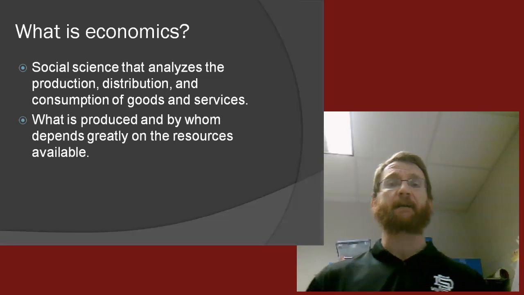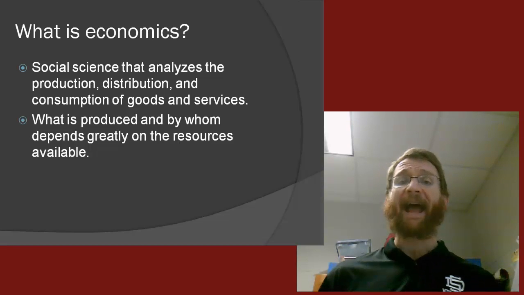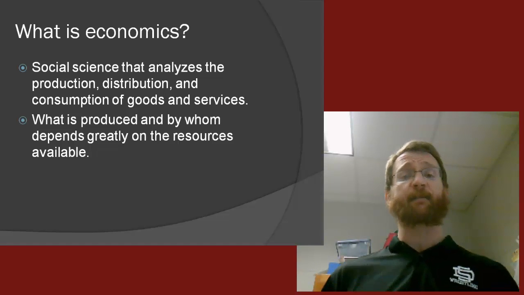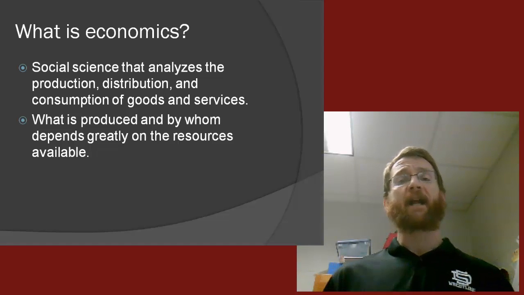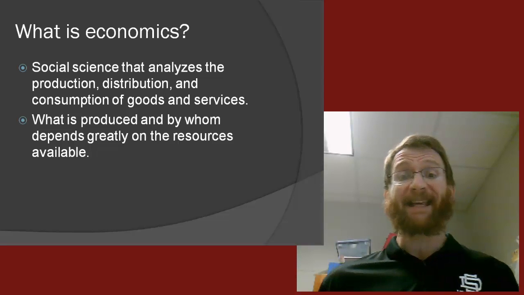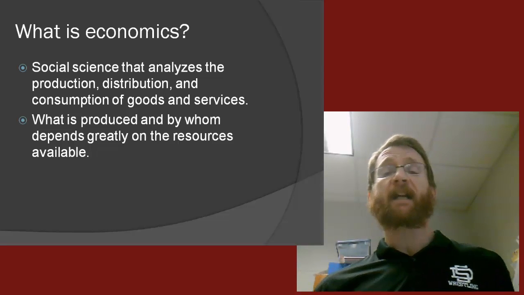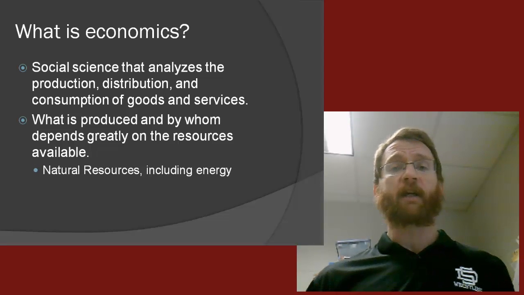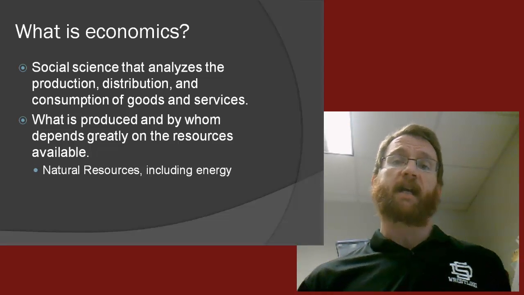Another aspect to add to this is that the stuff that is produced, and by whom it is produced, so the people who make it, really depends on a country's resources. And there are three categories of resources. We're only going to talk about one today, and we'll talk about the others in another lesson.